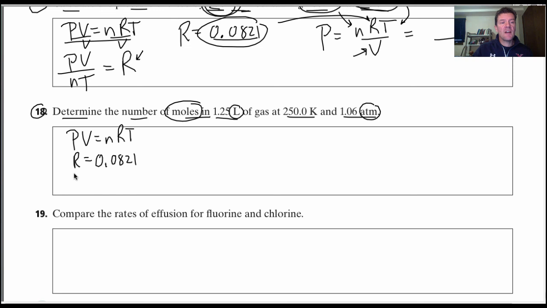Your volume is 1.25 liters. Your temperature is already in Kelvin, very nice of them, 250 Kelvin. And your pressure is 1.06 atmospheres. I'm going to let you do this one. Put in everything that you know. You know the pressure, volume, the R, the T, and solve for the number of moles. Okay?